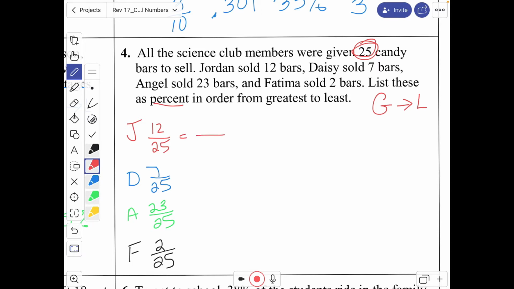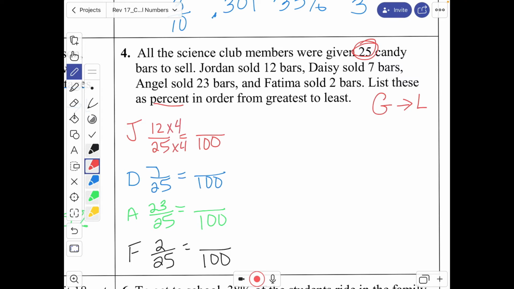Remember, changing something to a percent means per 100. So if I change the denominator to be a 100, then I'll know what it is as a percent. What would we do to 25 to change it to a 100? Times 4.